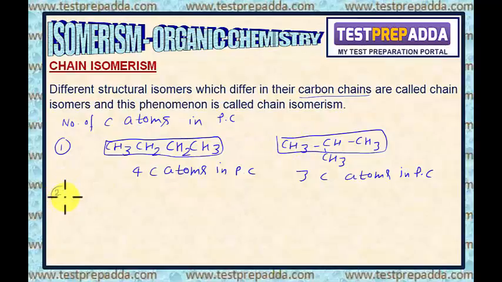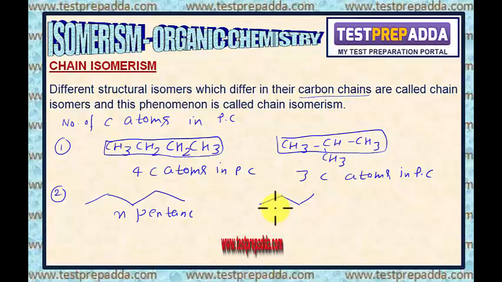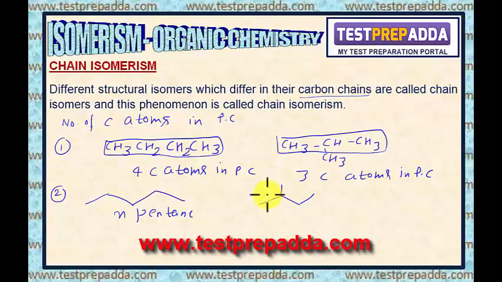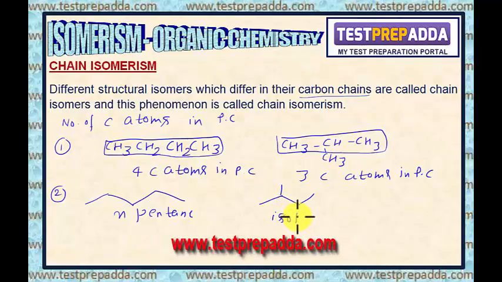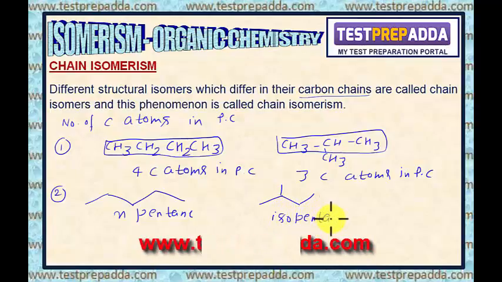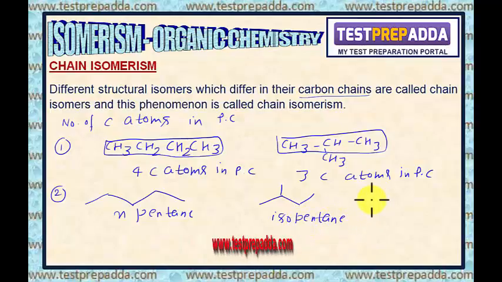I'll take another example. If I write normal pentane, this is normal pentane. Now give one branching. With 4 carbon atoms in the parent chain, I can give one branching like this. So this is isopentane. We have done this in nomenclature.